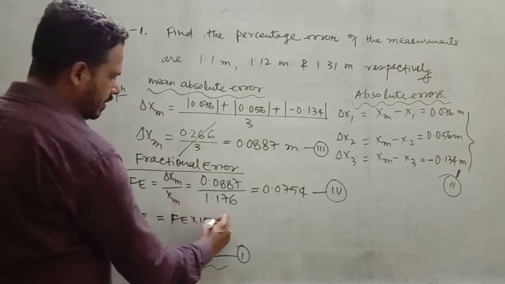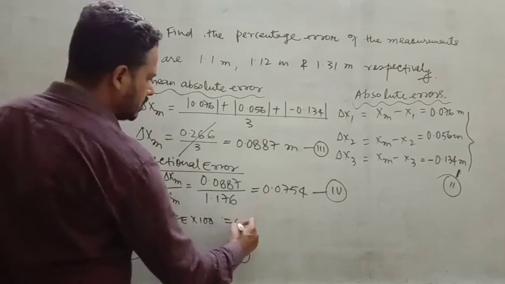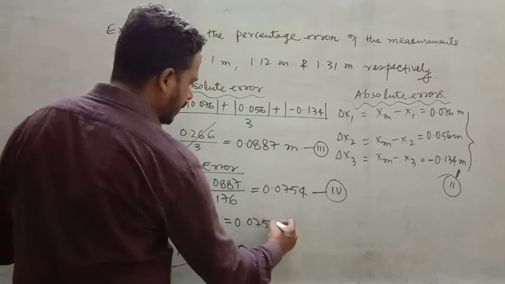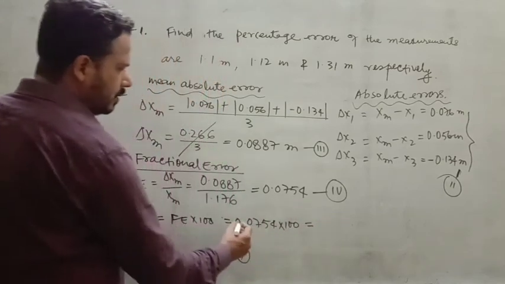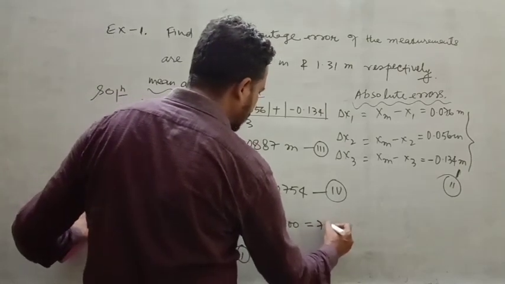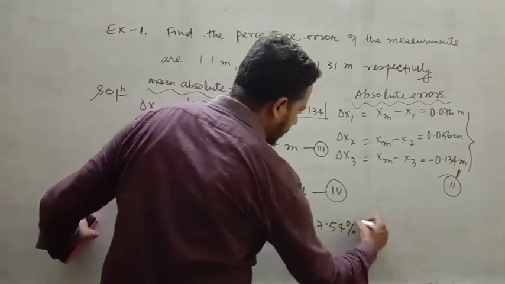So from here we take the fractional error, 0.0754, and multiply by 100. So how much will it be? Just multiply by 100, so that will be 7.54%, and this is our answer.